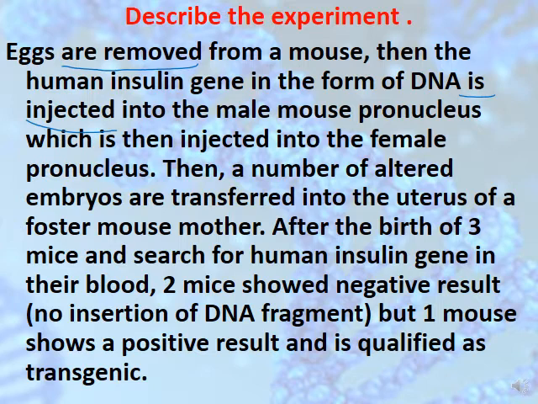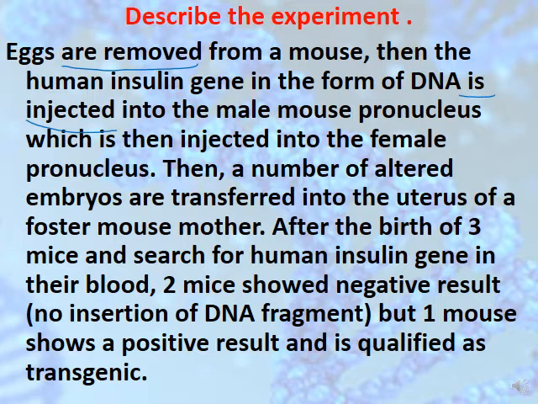So the eggs are removed from a mouse, then the human insulin gene in the form of DNA is injected into the male mouse pronucleus, which is then injected into the female pronucleus. Then a number of altered embryos are transferred into the uterus of a foster mouse mother.